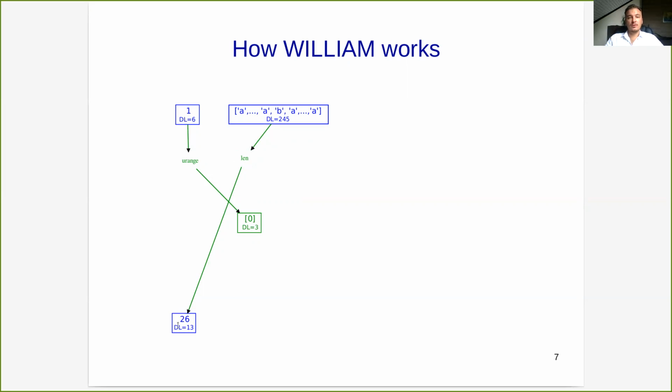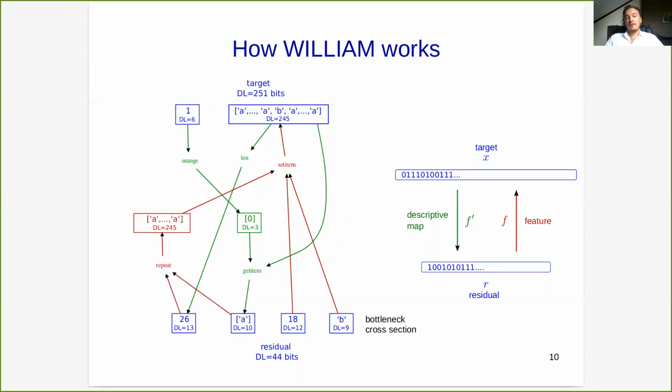Another operator computes the length, and then get item gets the 0th entry of X, the target, and just takes out the char A in a list. Another operator repeats the char A 26 times and gets a list of length 26 containing only A's, which is the clean, denoised version of the data. I will tell about the color coding in a moment. And finally, it uses set item by inverting it.